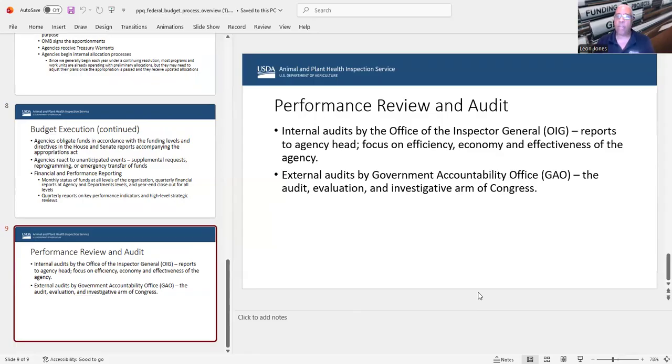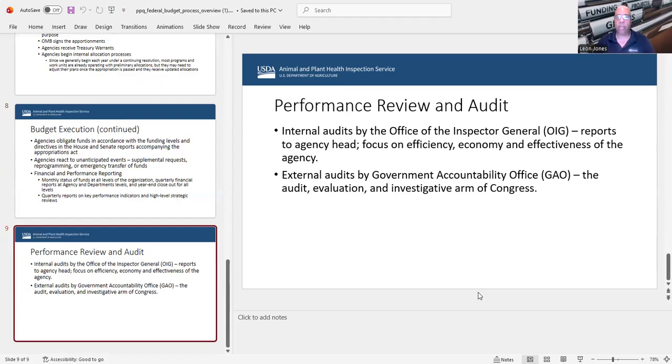And then finally, we're going to have the internal audits by the Office of the Inspector General. That's the OIG. What the OIG does, they report to the agency head and focus on the efficiency, economy, and effectiveness of the agency. And then there are going to be external audits by the Government Accountability Office. You've heard the acronym GAO.